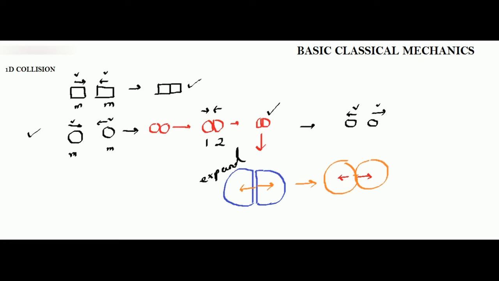So when they're trying to expand, now the forces change direction. And finally, what is the conclusion? These forces create acceleration in the balls. Agreed? And then finally, these two balls completely expand after pushing each other, and then they move towards the opposite direction with speed v. So this is the difference between elastic and inelastic collision.